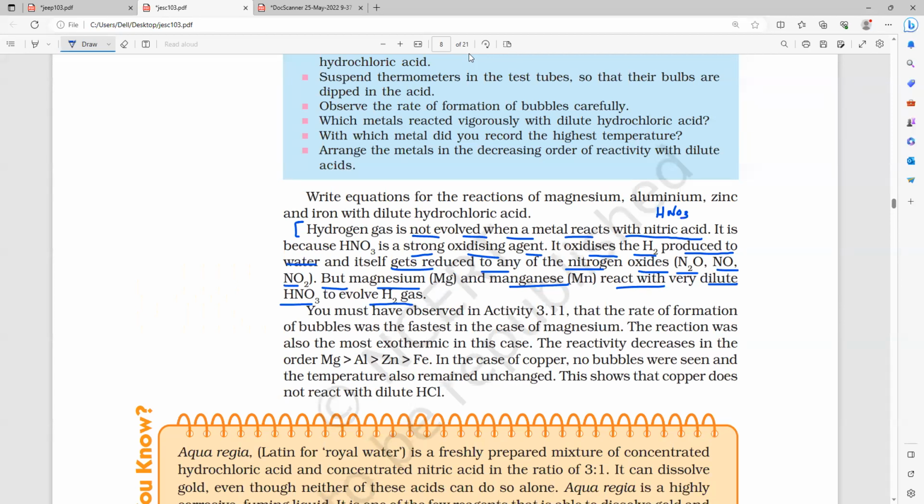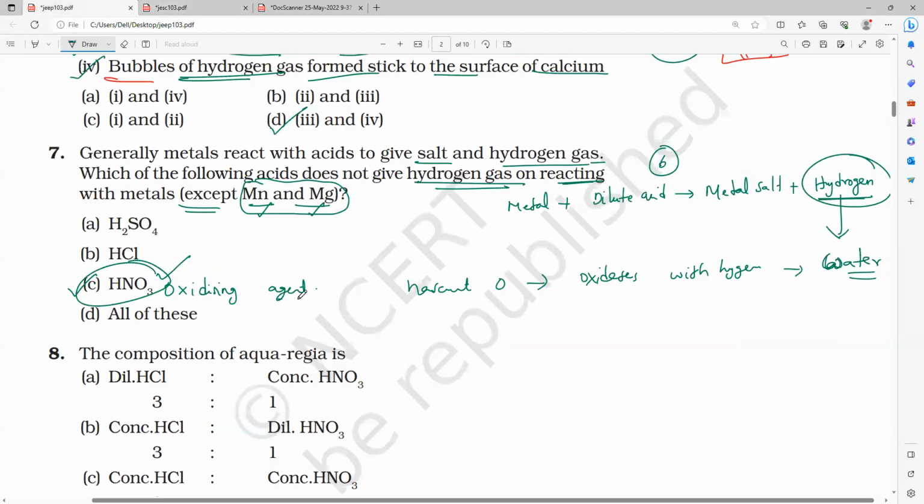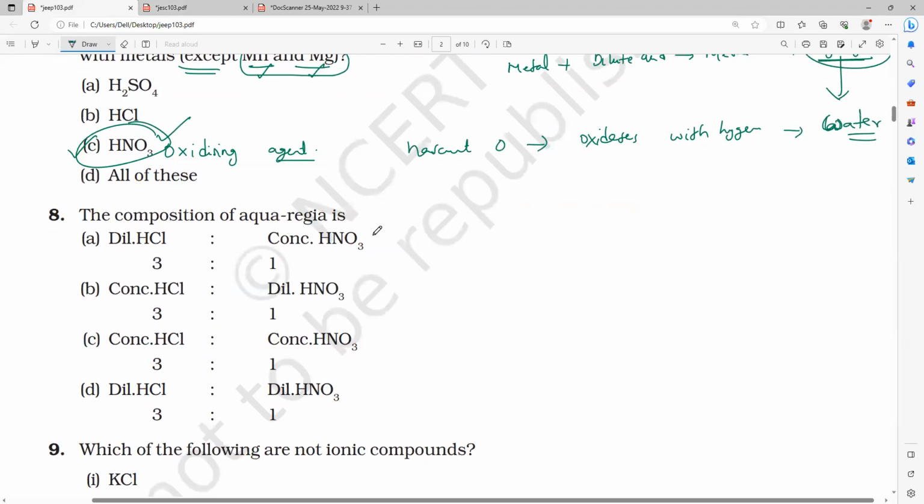Have we studied this or not? But magnesium and manganese alone react with dilute HNO3 to give H2 gas. Clear, everybody? Why is it not producing? Because of the strong oxidizing agent. That is what you have to remember.